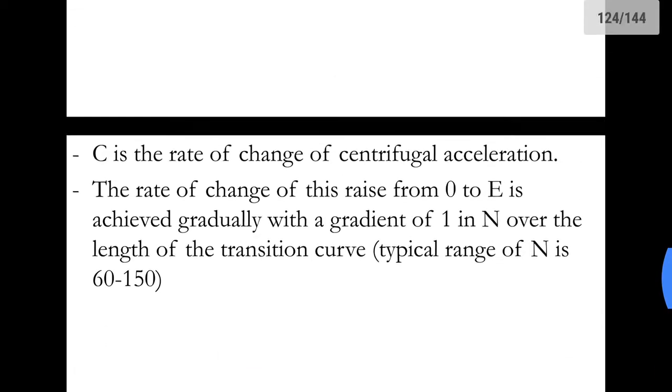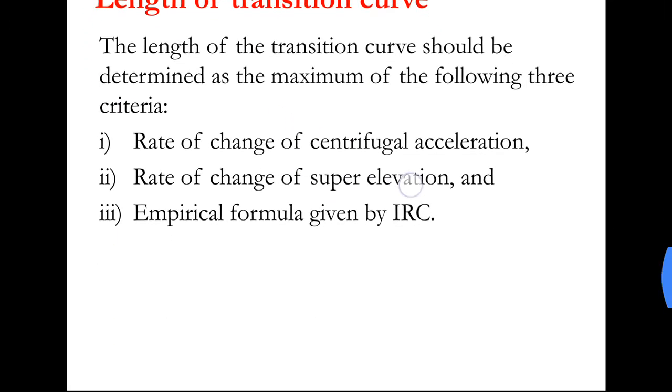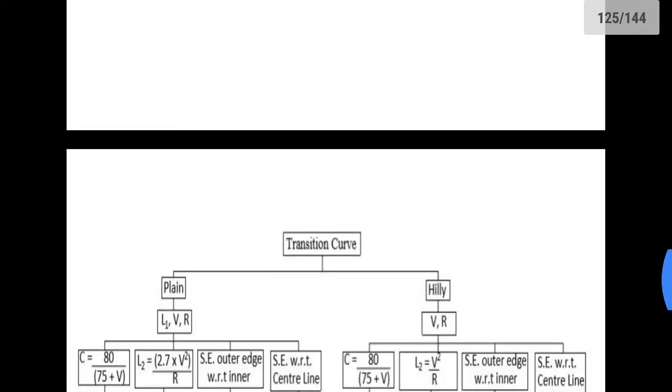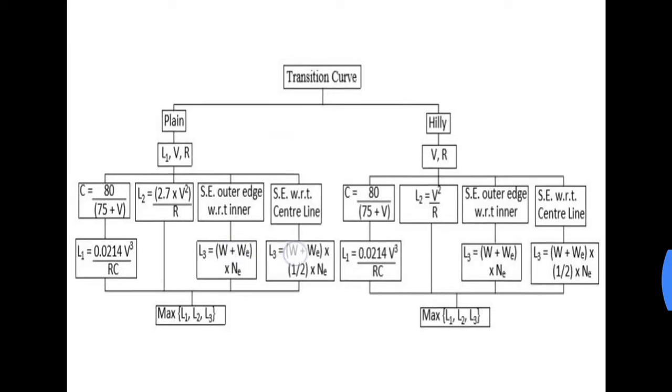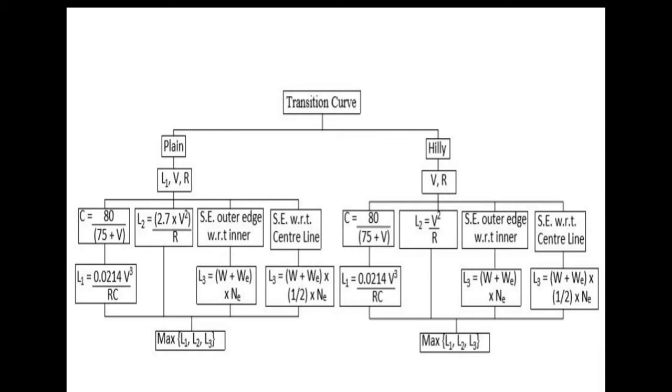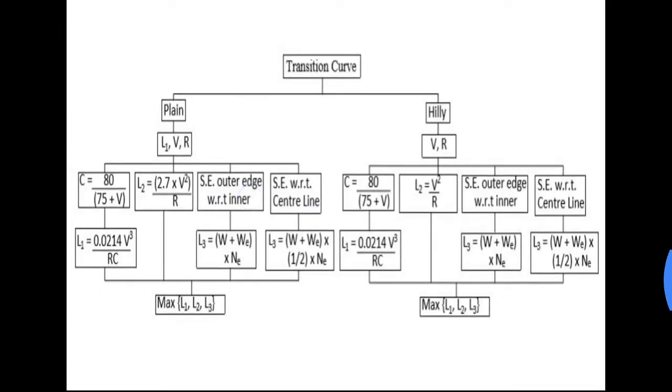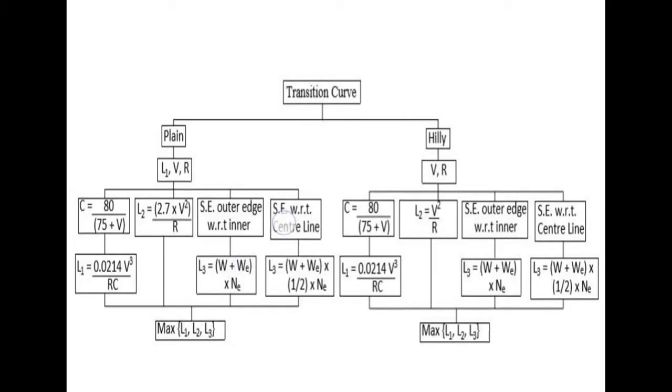The second criteria is the rate of change of super elevation. Again, in this there are two criteria. Raising of the road at the outer edge with respect to the inner edge, then the formula is different, and raising of the outer edge with respect to the center line, then the formula is different.